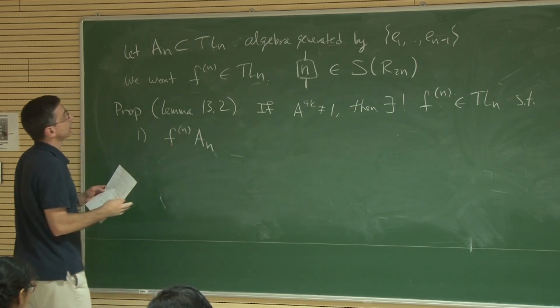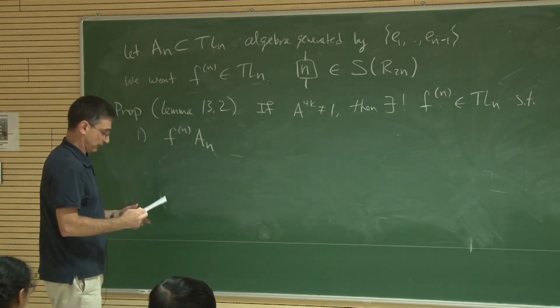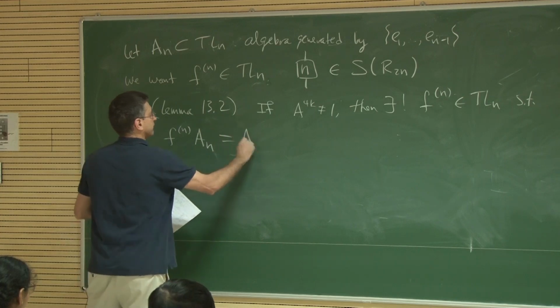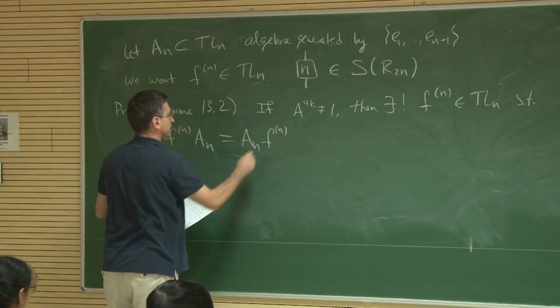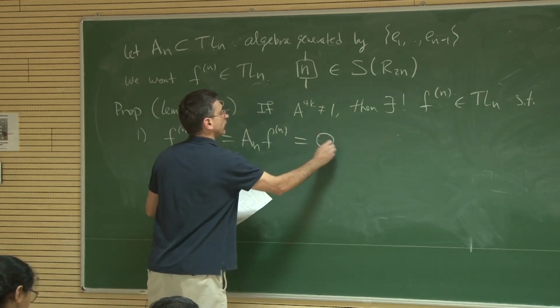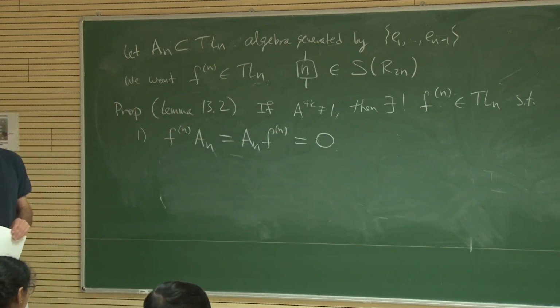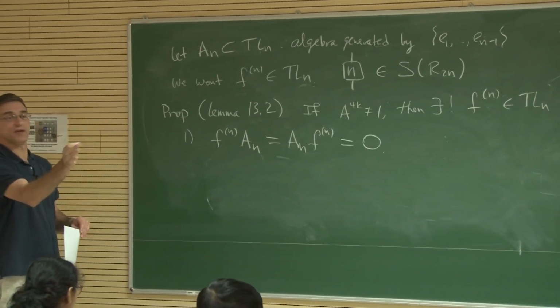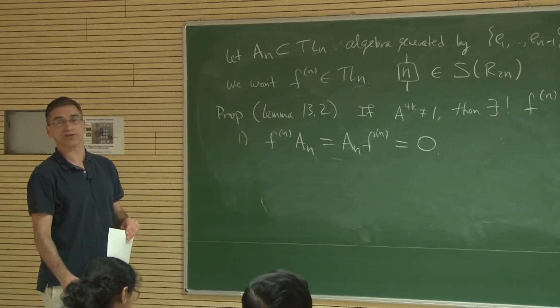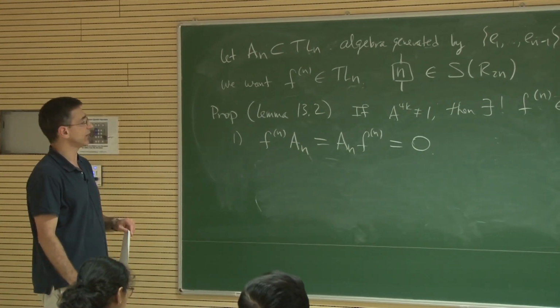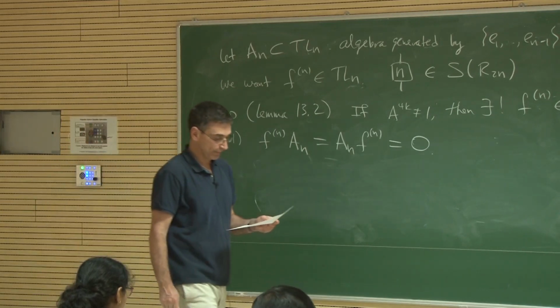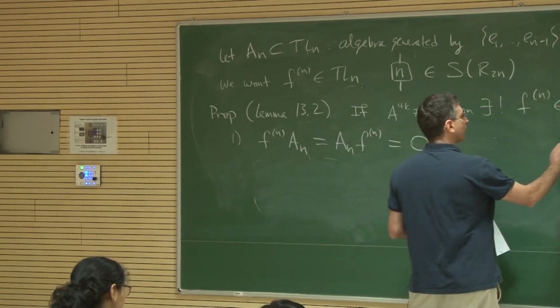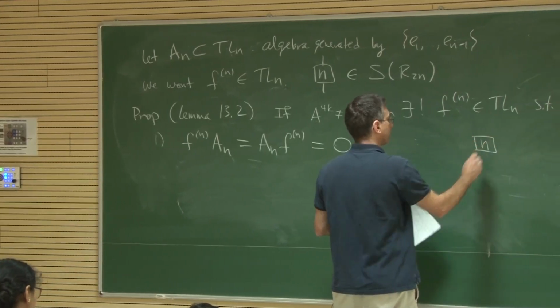Fn on this algebra AN, AN Fn is 0. This is a weird statement. If you don't have 1 in your expression, if you just have some product of the generators EI, then the Jones-Wenzel idempotent will kill them. The graphical picture looks like this.